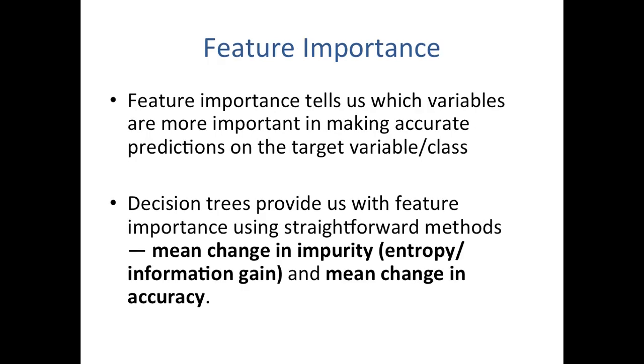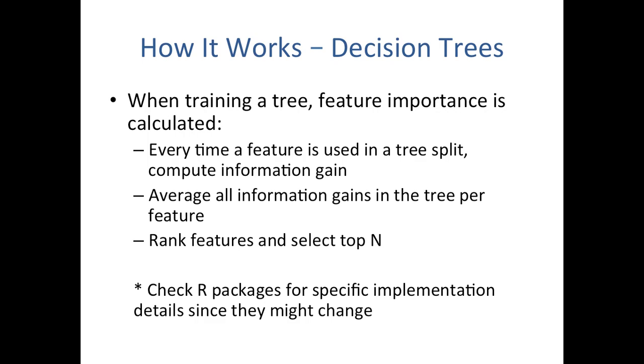That feature importance is telling us which variables are more important in making accurate predictions, and then we can use those variables to build a stronger model. And remember as well from the random forest class that decision trees also provide us with that feature importance measure, either as a change in purity or in entropy or information gain, but it can also be measured as a change in accuracy. And so how would that work?